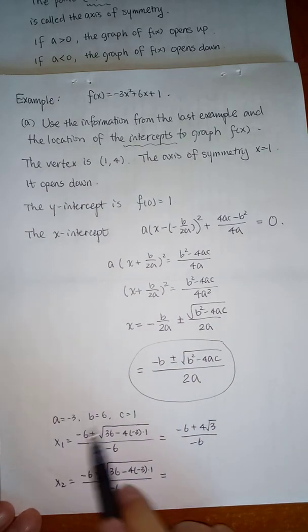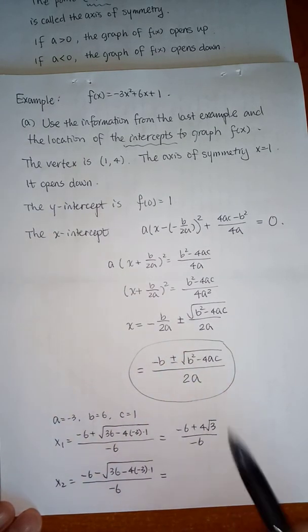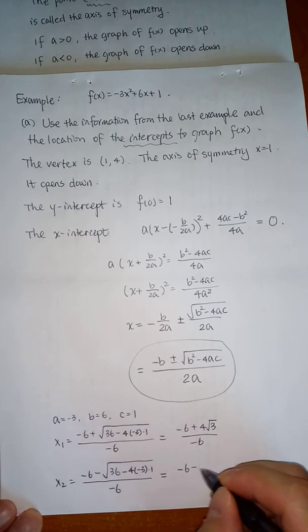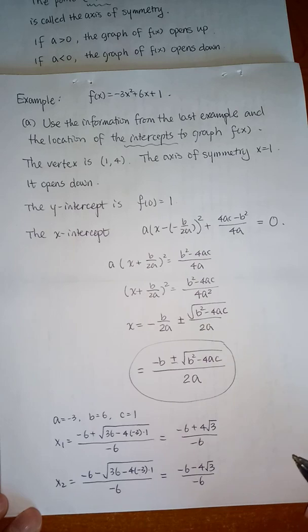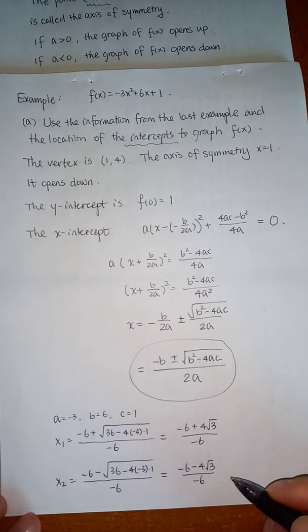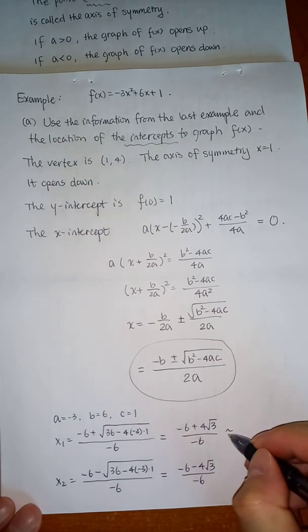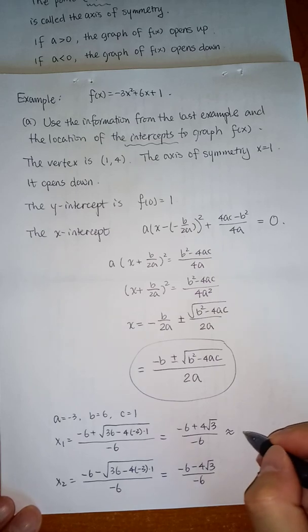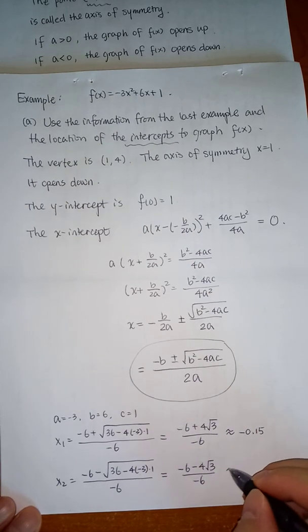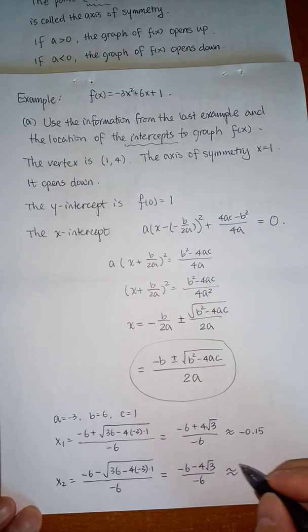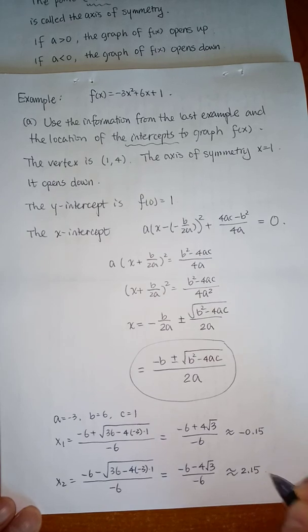Okay, so here we just do the plug-in. From this example, we assume you use some calculator. You will see that this is approximately negative 0.15, and this one is approximately 2.15.